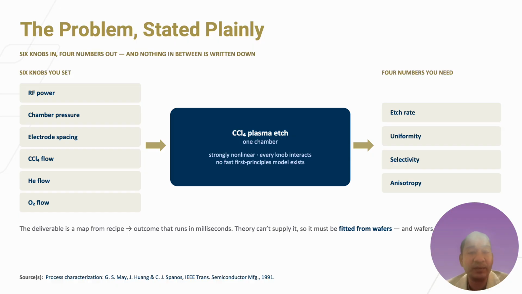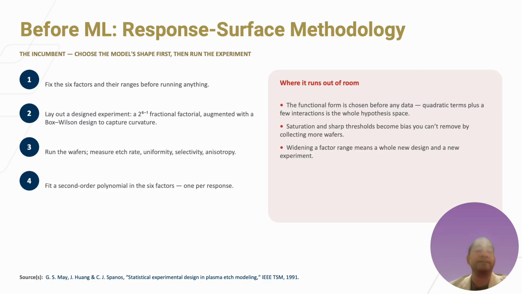The relationship between the knobs and the outcomes is very tangled. Every knob interacts with the others, and there is no physics model fast and accurate enough to run inside a fab. So the map from the settings to results has to be learned from the real wafers, and every wafer you run costs money. That is why fewer wafers is the number that really matters.